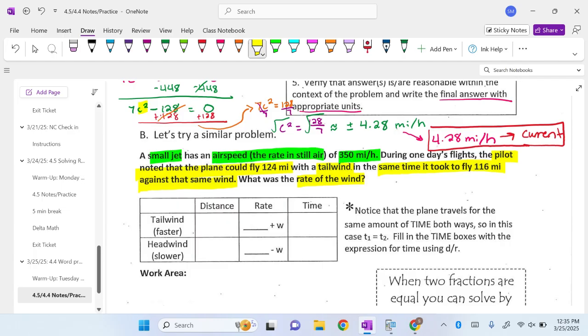So you think it's going to go faster or slower? Faster. So this is the tailwind. But if it's a headwind, that means it's blowing against the plane, so it will go slower. It's like current. If you go against the current or against the wind, you go slower. If you go with the wind or with the current, you go faster. So that's the headwind. Very similar to upstream, downstream, just a different mode of transportation.